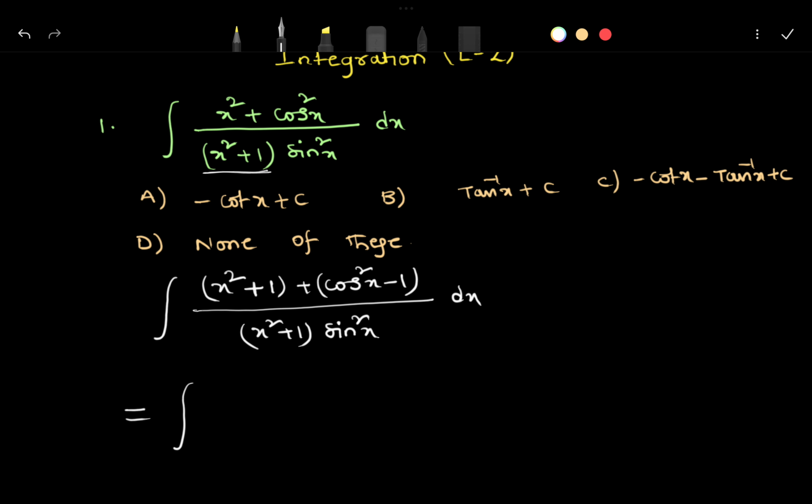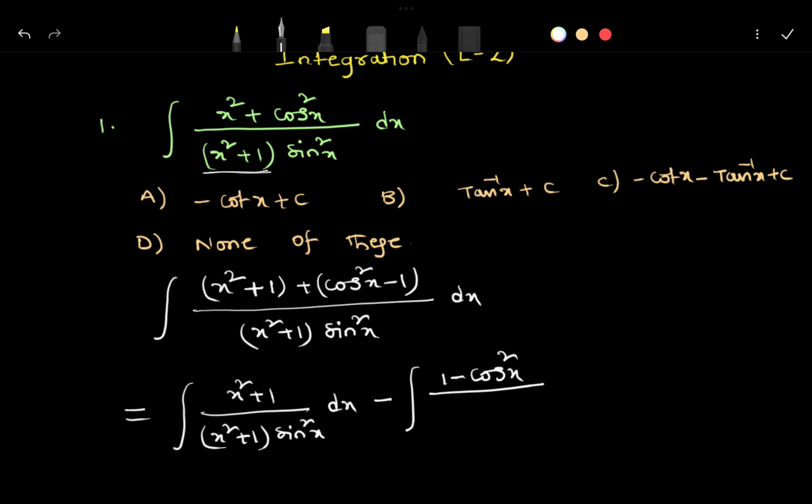Here you can write x square plus 1 whole divided by (x square plus 1) into sin square x. Now in the numerator, cos square x minus 1, you take minus as common: integration of (1 minus cos square x) whole divided by (1 plus x square) into sin square x.